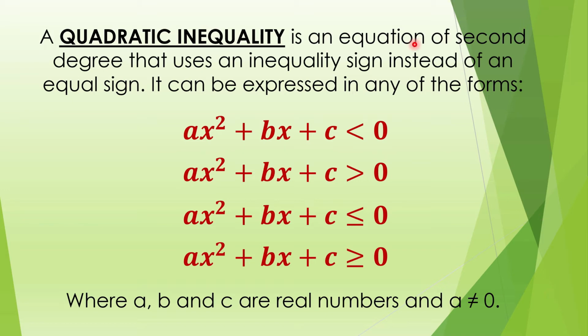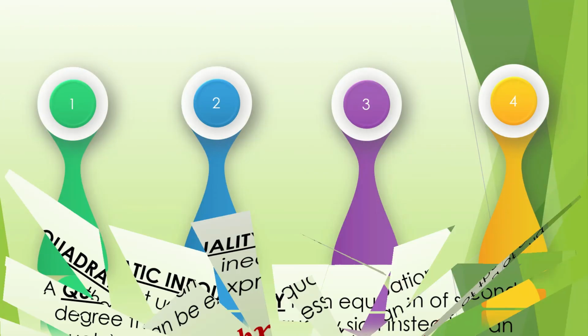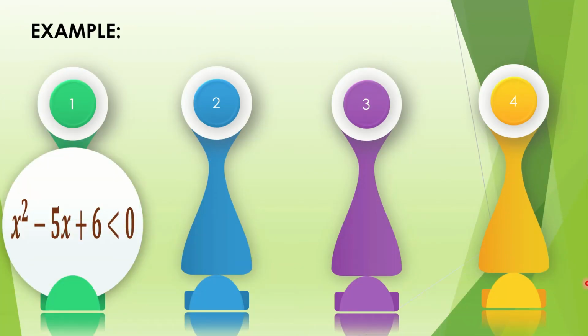Okay, the definition of a quadratic inequality is almost the same as a quadratic equation, only that it uses inequality symbols. Let us have the following examples of quadratic inequalities. Number 1, x squared minus 5x plus 6 is less than 0.